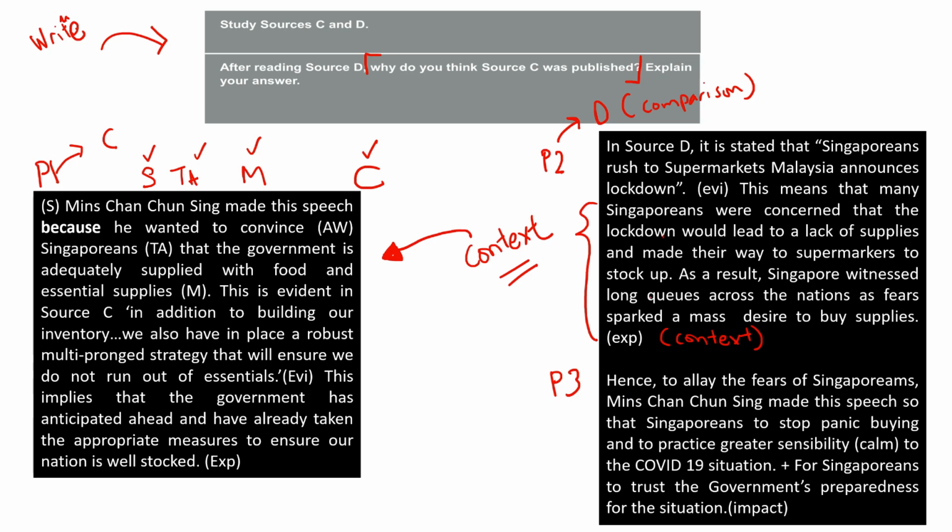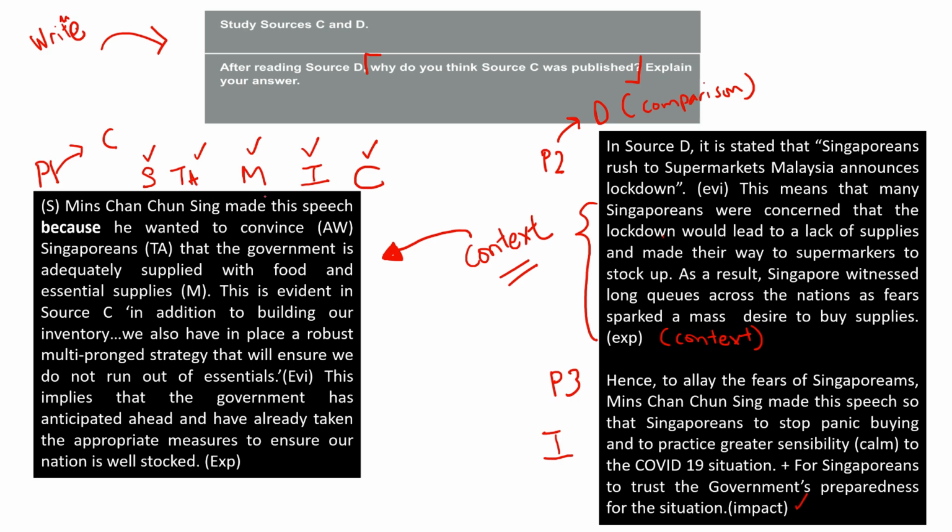Hence, given this context, to allay the fears of Singaporeans, Minister Chan Chun Sing therefore made this speech so that Singaporeans would stop panic buying and practice greater sensibility or calm to the situation, and also for Singaporeans to trust the government's preparedness for this situation. And this is the impact, right? The I. And therefore, by completing this third paragraph or this third section, stemming is complete.